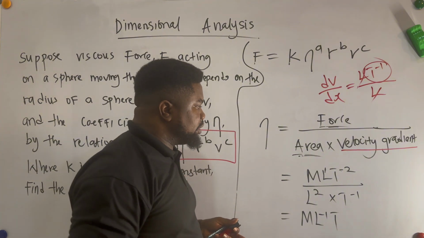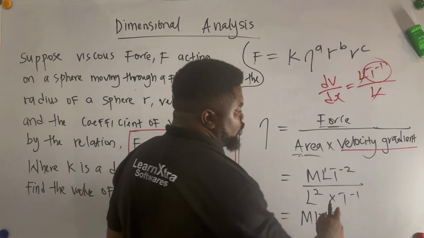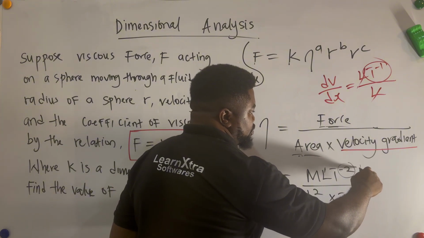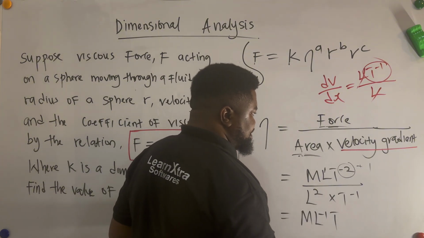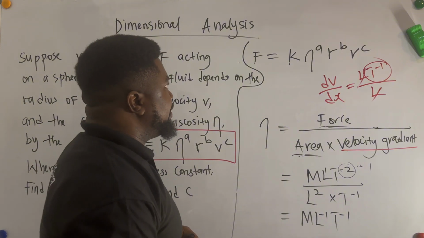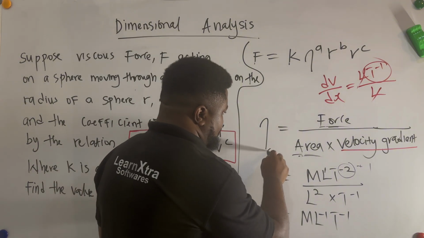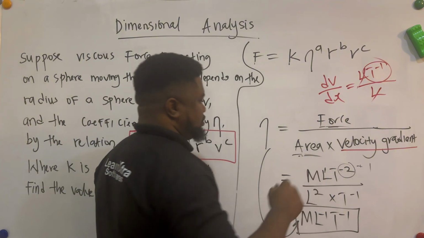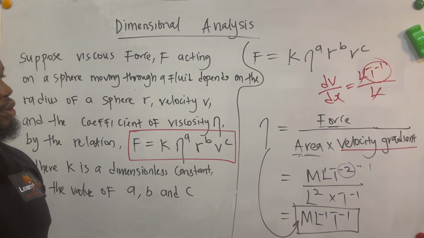Yes, plus 1. So coming up it becomes plus 1. Now T minus 2 then plus that one becomes T power minus 1. Yes. So the dimension for viscosity is equal to this. Yes. That's it.